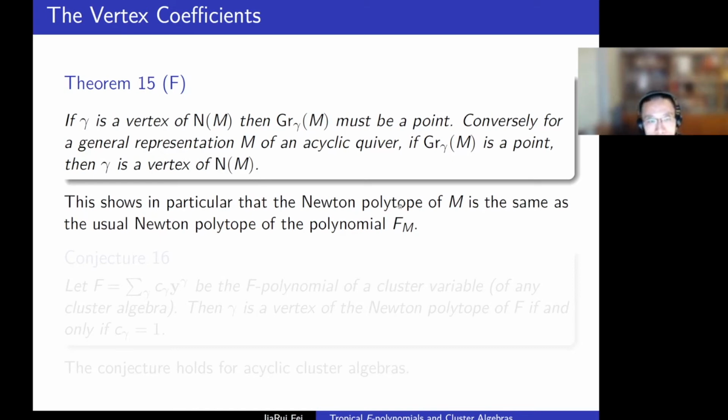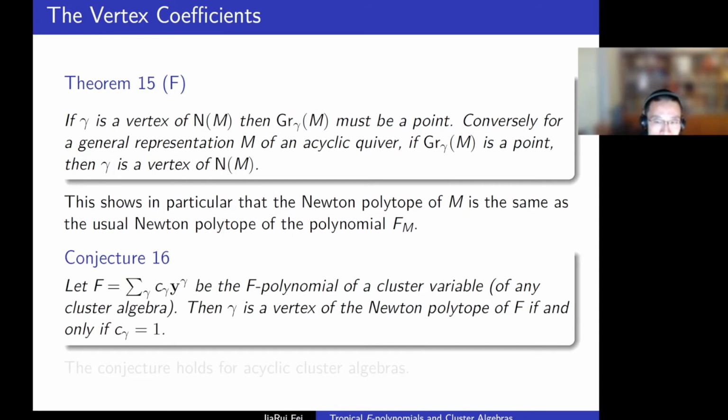This result in particular shows that the Newton polytope of a representation is the same as the usual Newton polytope of the F-polynomial. Here is a conjecture, more or less motivated by this theorem. Let's consider the F-polynomial of a cluster variable. Then we take the Newton polytope of this F-polynomial and look at the vertices.